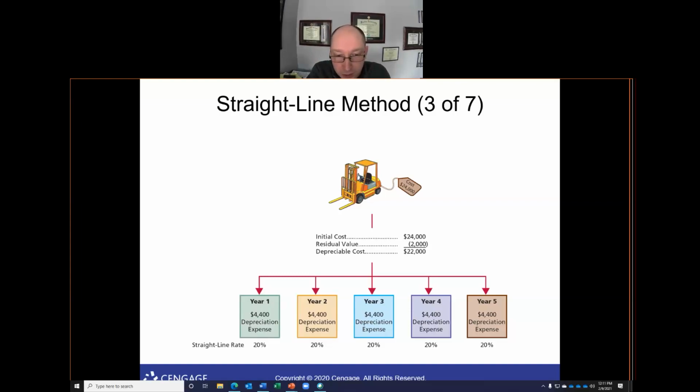So you take your depreciation expense divided by your depreciable cost to get to your straight line rate percentage. In this case, it's 20%. 20% plus 20% plus 20% plus 20% plus 20% equals 100% over the 5 years. Does that make sense? Everyone understands how we get 20% per year? Yeah? Okay.